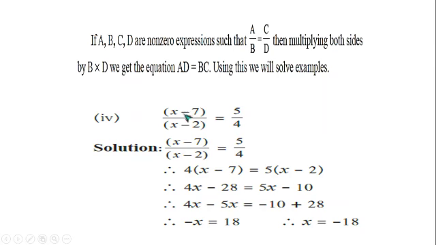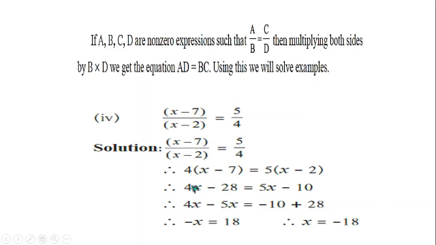The equation is x minus 7 upon x minus 2 equal to 5 upon 4. So it is in the form of A upon B equal to C upon D. So multiplying both the sides with 4 into x minus 2, my expression becomes 4 into x minus 7 equals 5 into x minus 2.